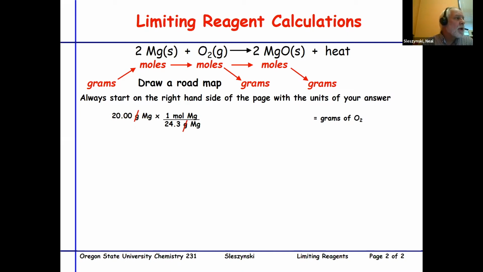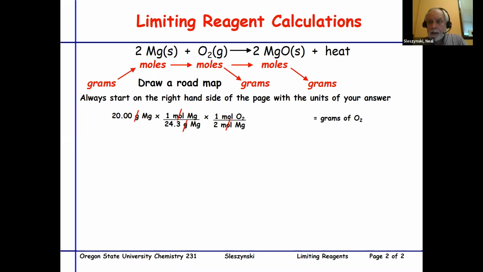Well, now we know how many moles of magnesium we have when we have 20 grams. The mole ratio between magnesium and oxygen is 2 moles of magnesium for every 1 mole of O2. We're going to cancel out moles of magnesium. We now know the number of moles of oxygen that we need to totally react 20 grams of magnesium.